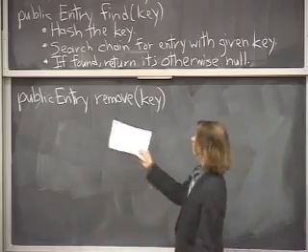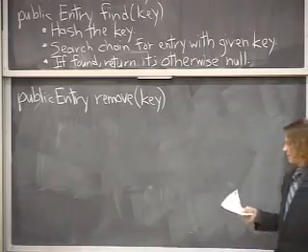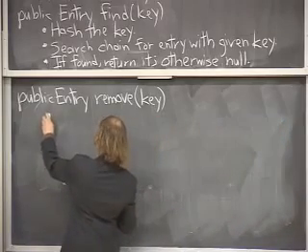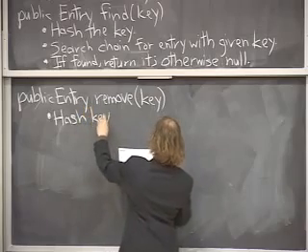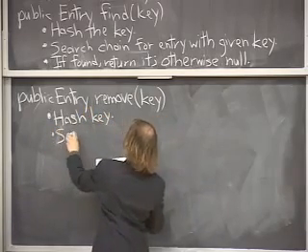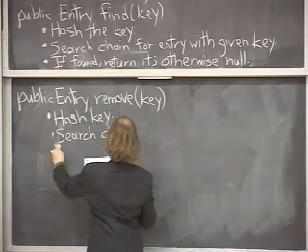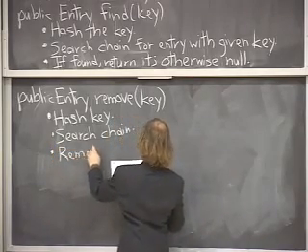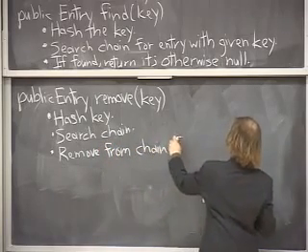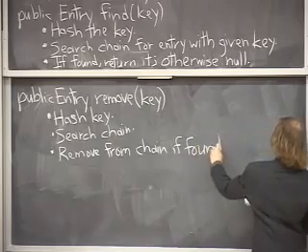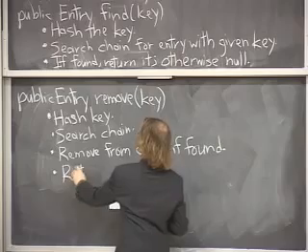And when I say it does everything find does, it even returns the entry after removing it from the dictionary. So it basically works almost exactly the same way that find does. You hash the key, you search the chain, and one extra step, you remove it from the list if it's found. And then you return the same thing that find would return.